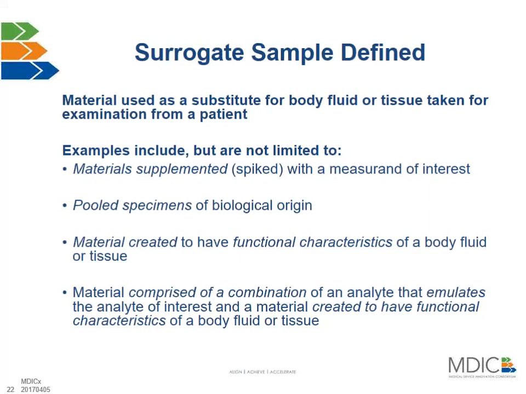The addition of this fourth example occurred later in our process, and it is intended to recognize that surrogate samples may not only contain surrogate matrices, but may also include surrogate analytes.